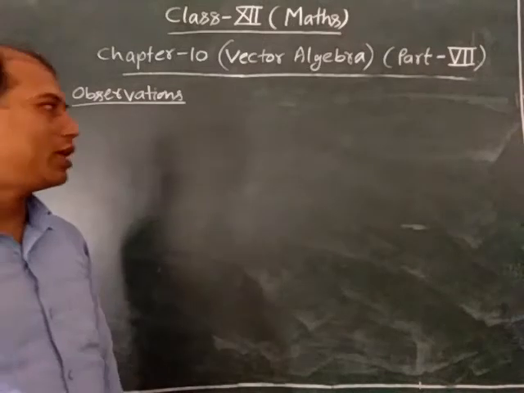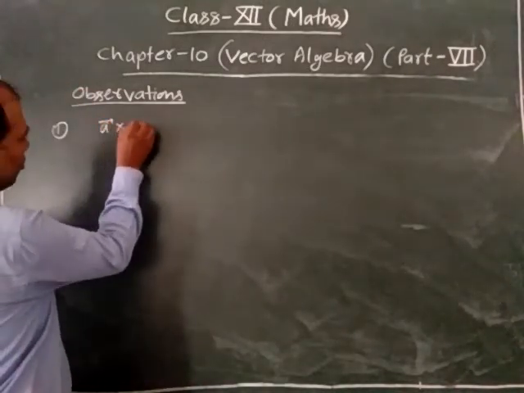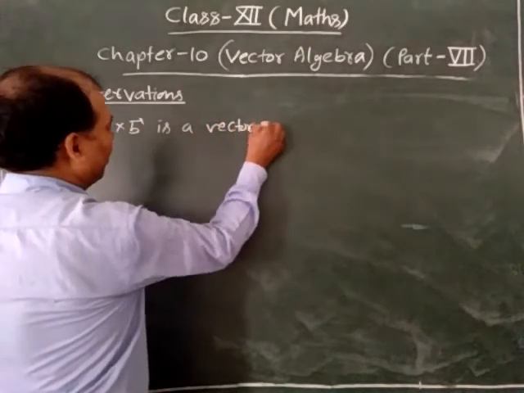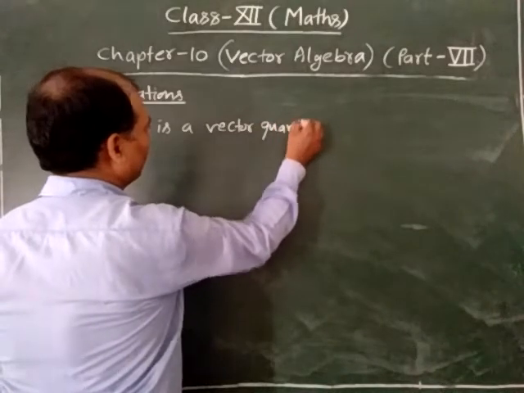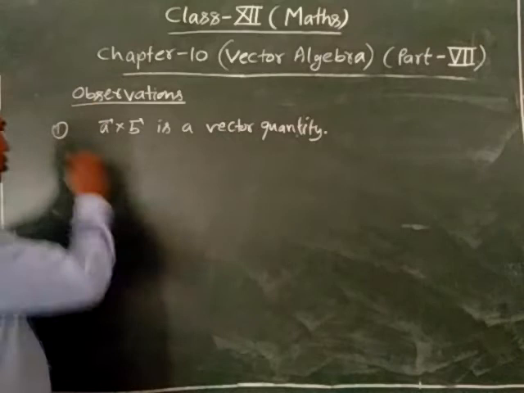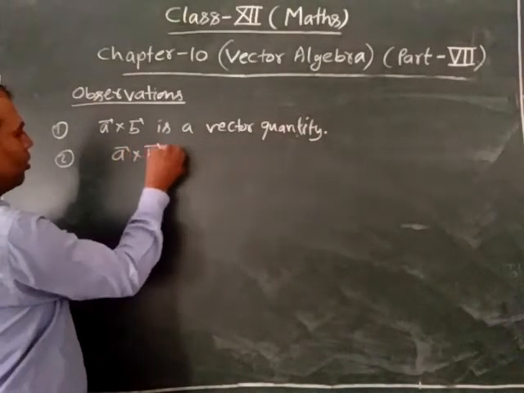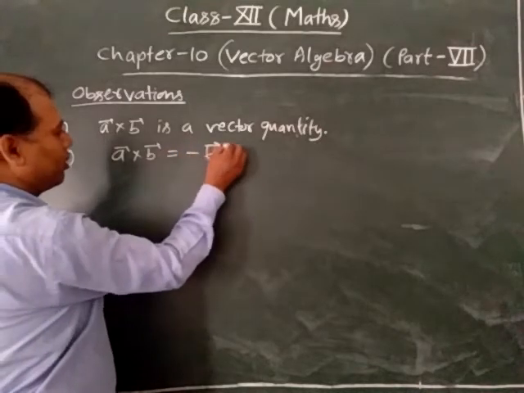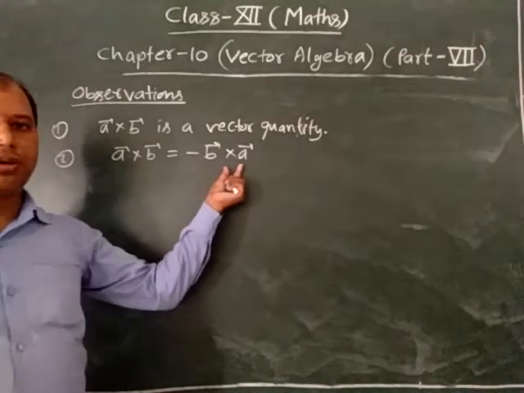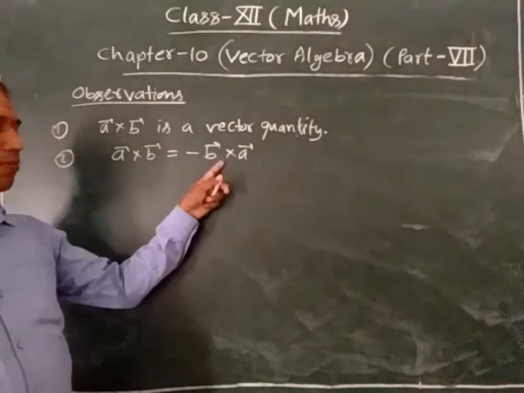The first observation is that A cross B is a vector quantity. A cross B is equal to minus B cross A, because A cross B and B cross A both have the same magnitude, but the directions of both are opposite.